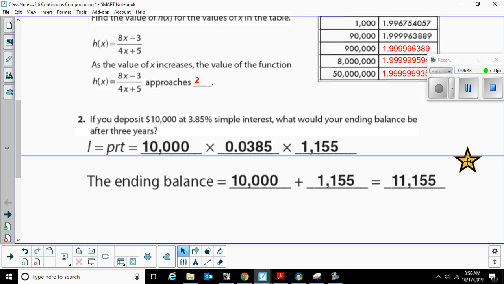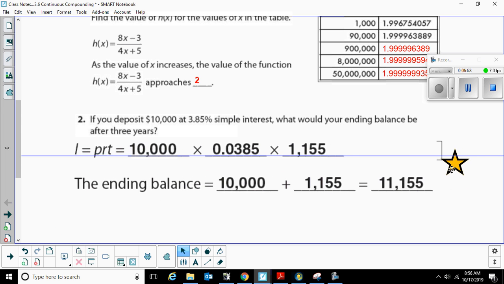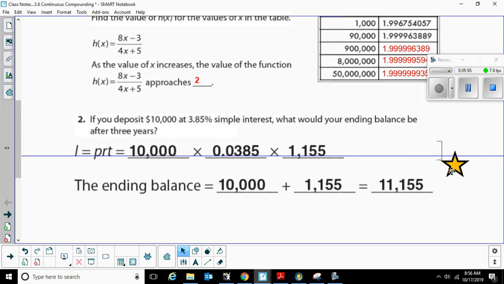and what I will have is an ending balance. I'll have an ending balance of my interest plus my principal. Ooh, I see what Mr. McCray was looking at that made me wonder what the devil was going on.